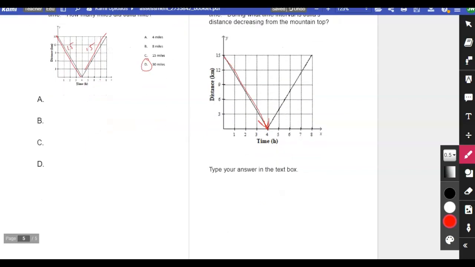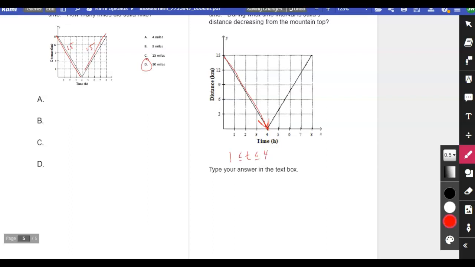And what some people did wrong here, because this distance decreases and decreases and decreases. Now we're only 3 kilometers from the mountaintop. Here you're increasing and getting further from the mountaintop. But a lot of people put 1 less than or equal to time less than or equal to 4.